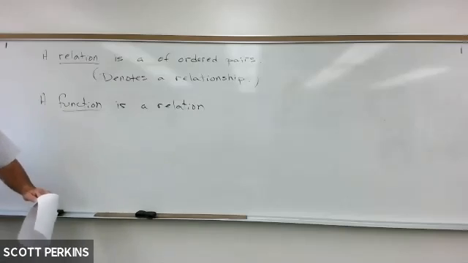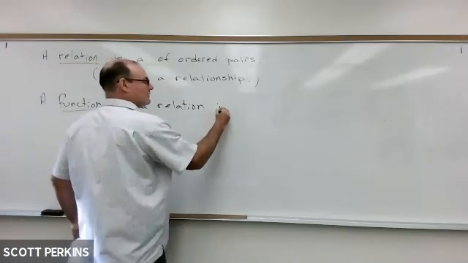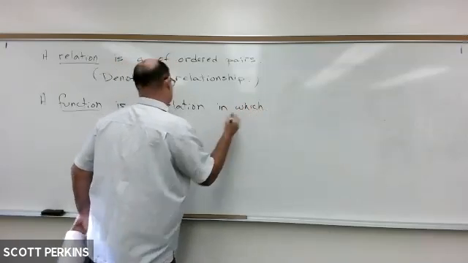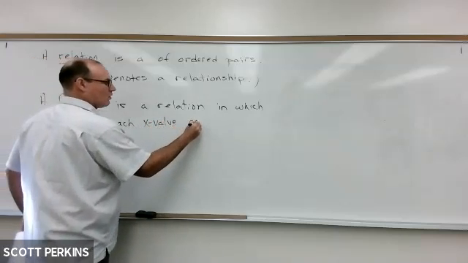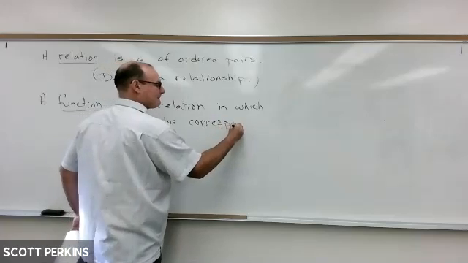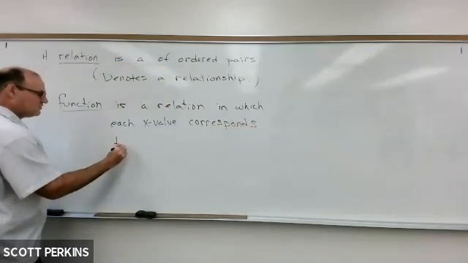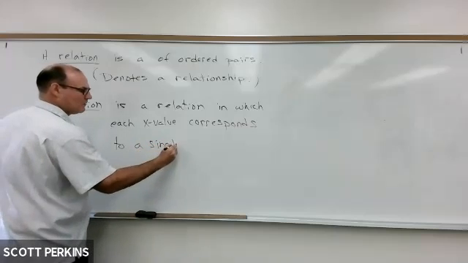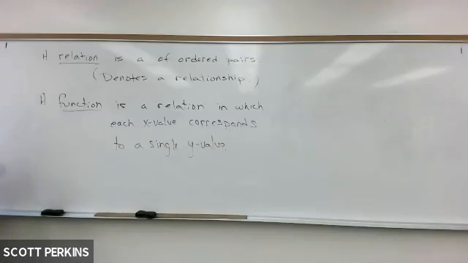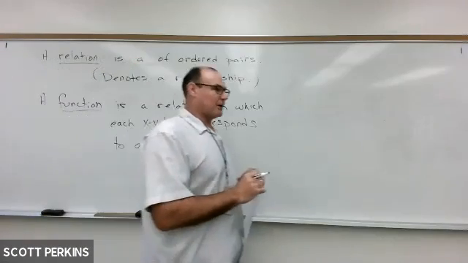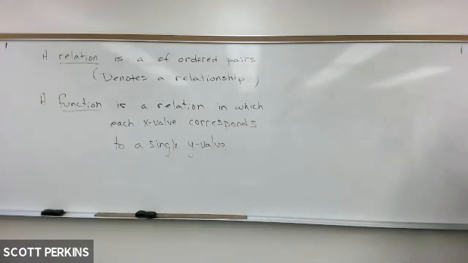It's a set of ordered pairs in which each x value corresponds to a single y value. I'll give you a second to write that down. Super important. And we're going to practice that definition. That's kind of one of our big tasks for the next 15 minutes or so as we go through the rest of section 1.2.